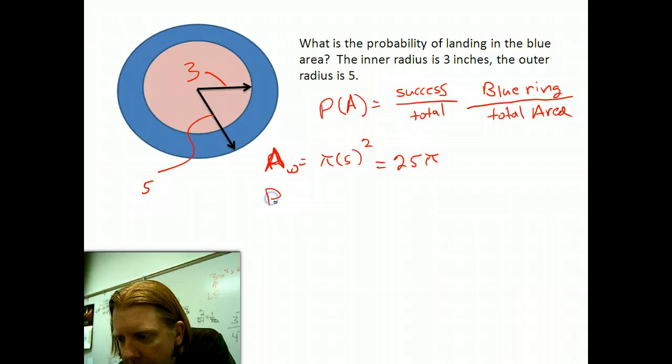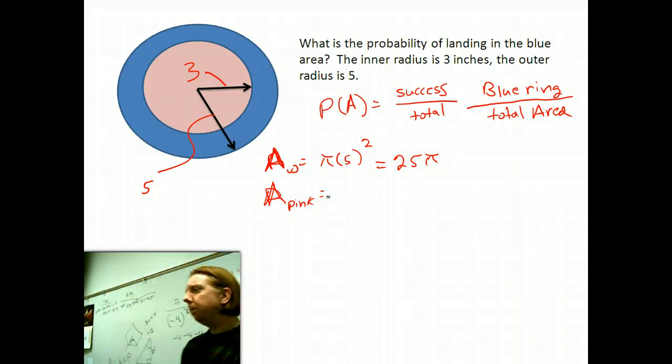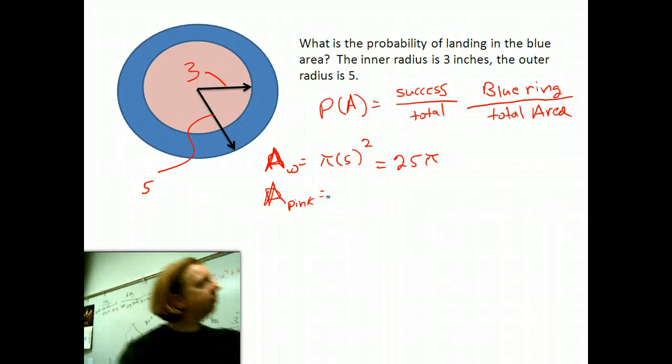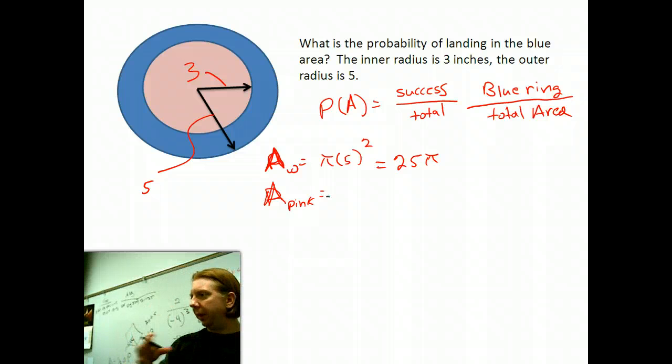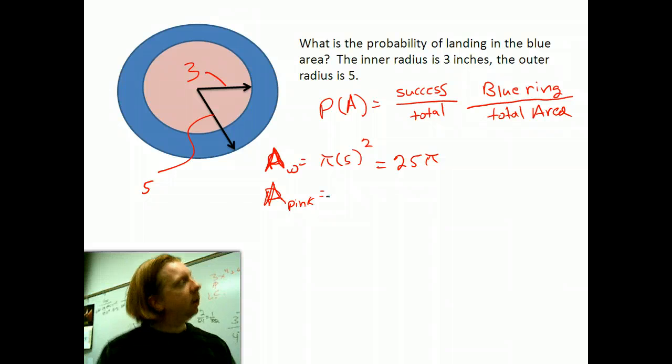What's the area of the pink part? The middle circle is pink. Maybe it looks brown or tan to you guys with the way this is, but it's pink over here.